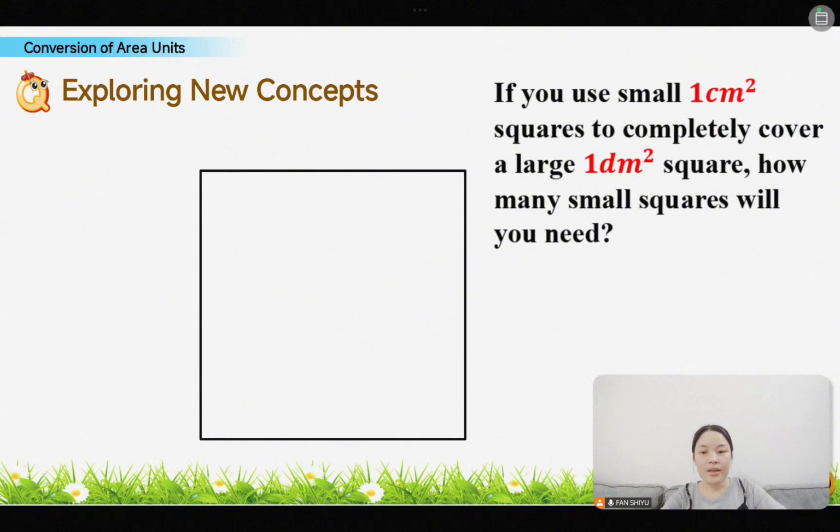Okay, here is the exploration process of one group. When they tried to cover the 1 square decimeter with 1 square centimeter small squares, they found that the small squares were too scattered and easy to shift during operation.